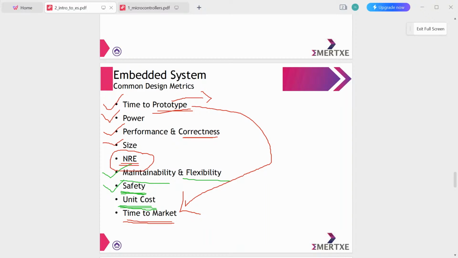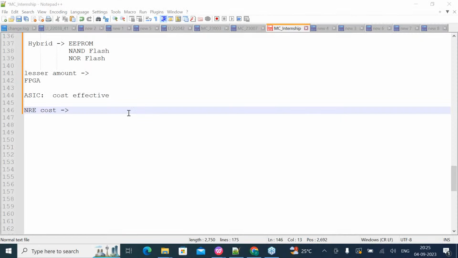Let's say you are developing some product, you are doing some design, and that design is successful. You got the success in your product. There is no problem. But whatever 100% investment you made, you will not get that back. There will be some loss. That is nothing but the non-recurring engineering cost.